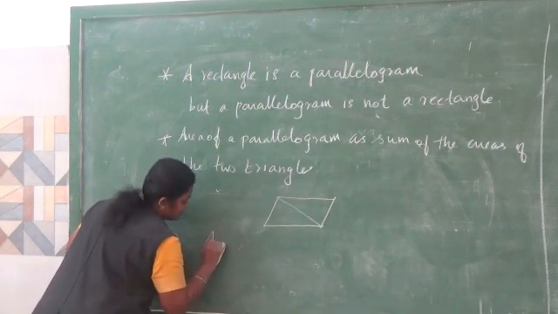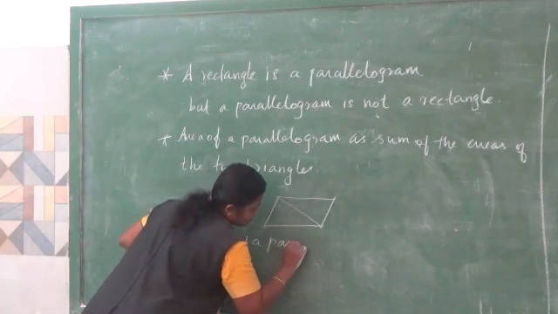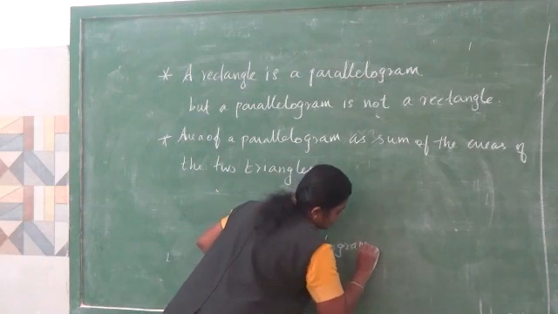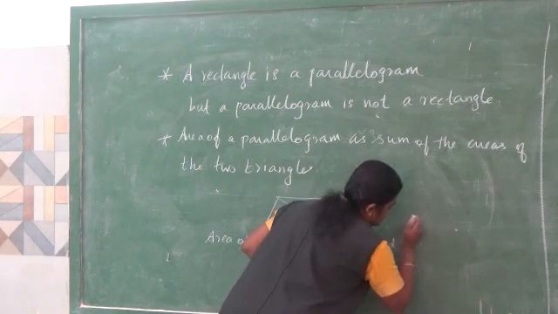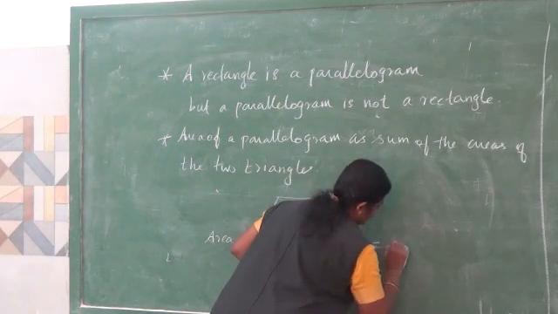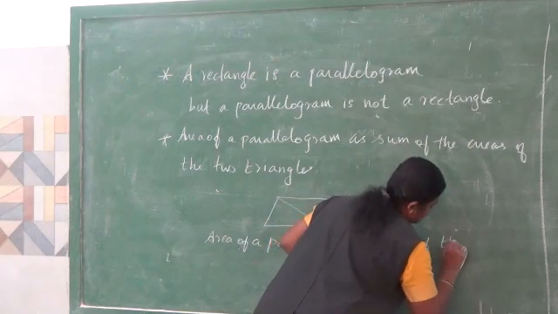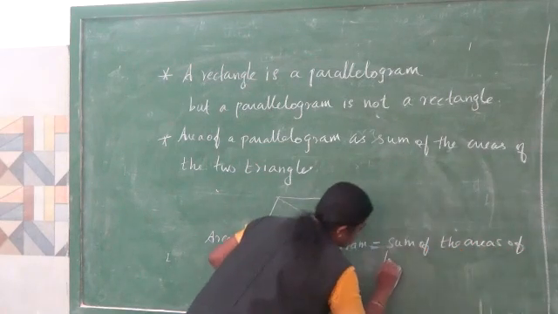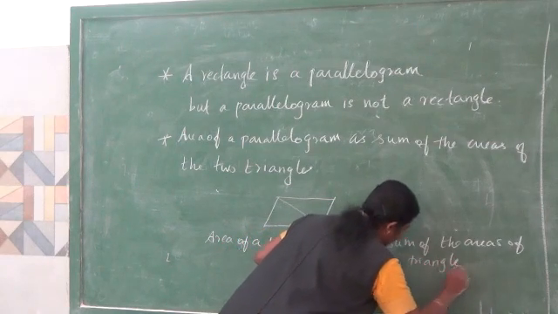What is the area of the triangle? Sum of the areas of two triangles. What is the area of the triangle?